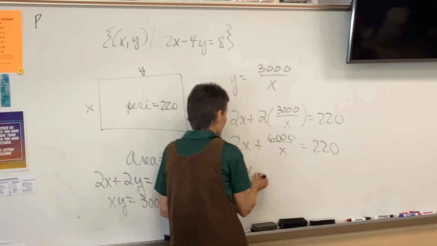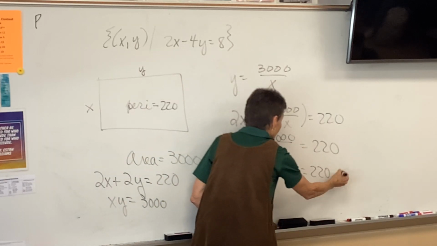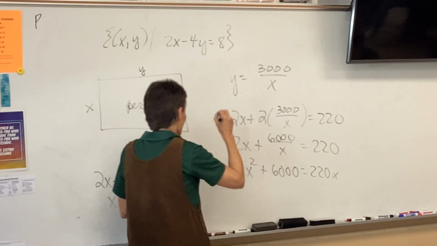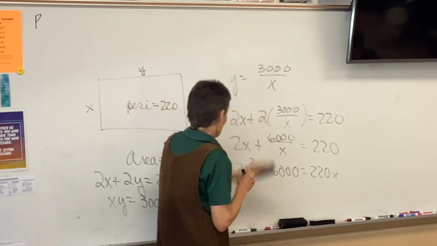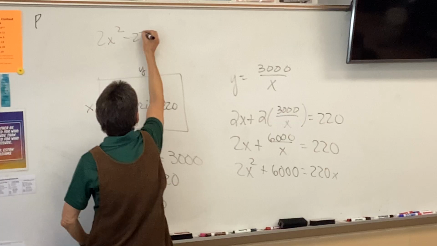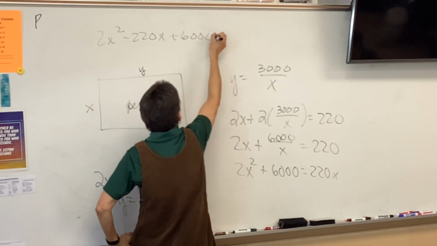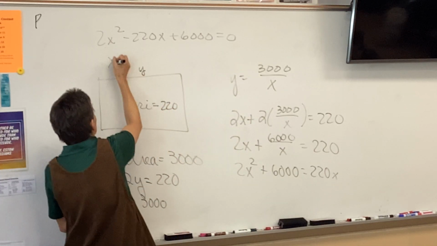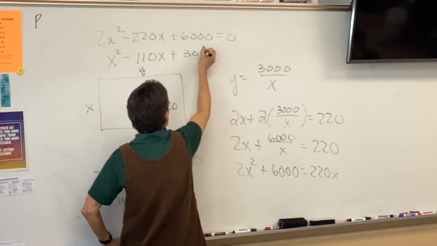So 2x squared plus 6,000 equals 220x. Yeah, I think that's right. And then I can get it also equal to 0. So 2x squared minus 220x plus 6,000. And now, Parker, I am going to get rid of the 2's. So x squared minus 110x plus 3,000.